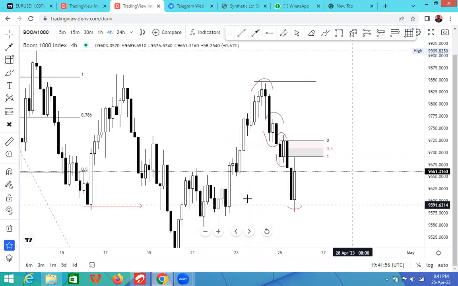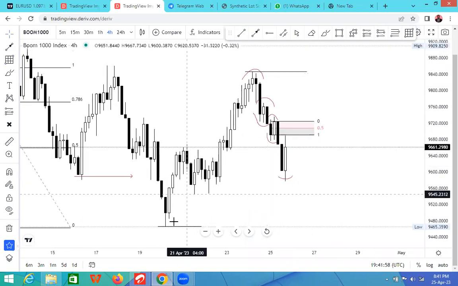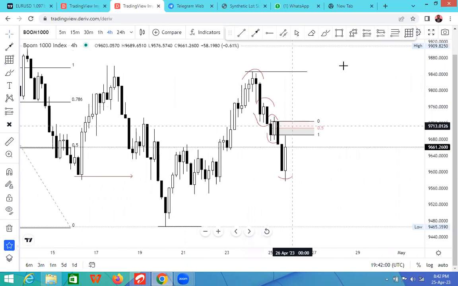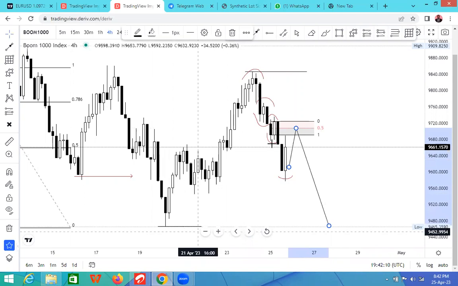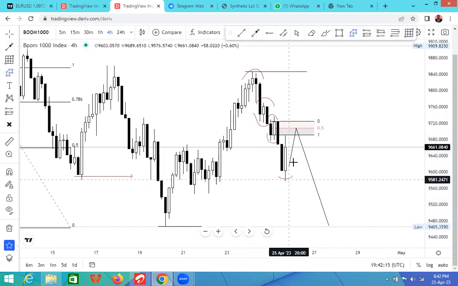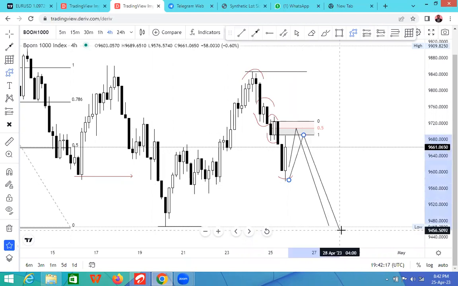Remember, I'm still expecting price to keep going down. I'm expecting price to come here now, and then price can keep coming this way to 50%, and then we push lower to take this low liquidity, or we come to the open, and price can just tap the open here and go.